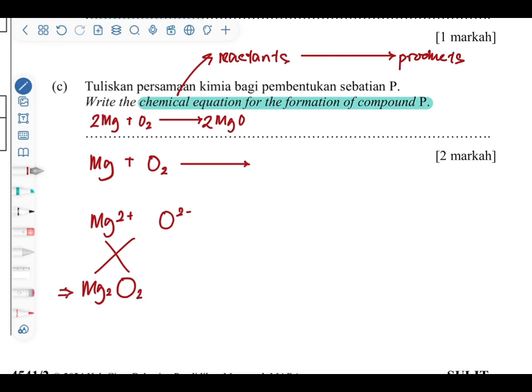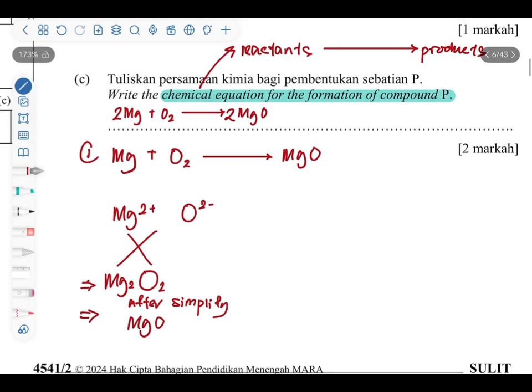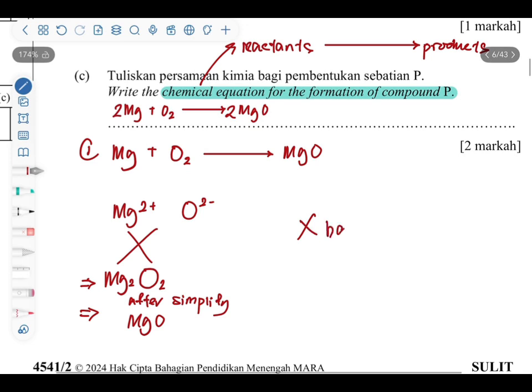Do you notice that these two actually we can simplify it? So after we simplify it, it will become MgO. So this is the formula for it. But we haven't completed this equation yet because it is not balanced.